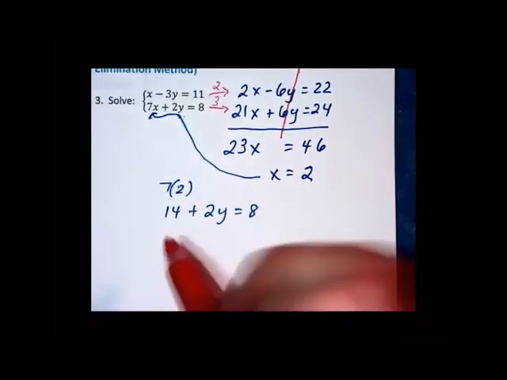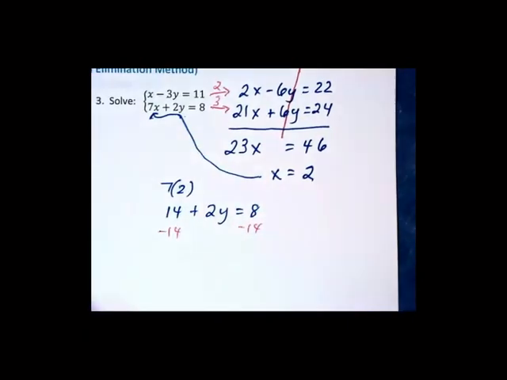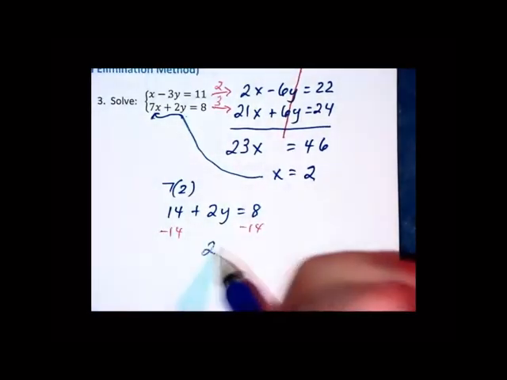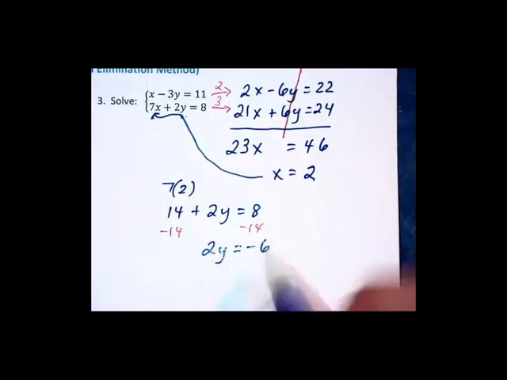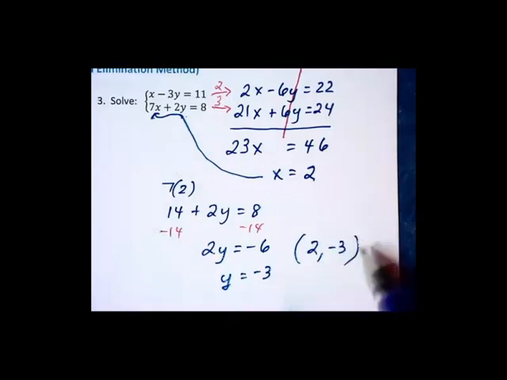Subtracting the 14 on each side gives us 2y equals negative 6, and dividing each side by 2 gives us y equals negative 3. So the solution to this system is 2, negative 3.